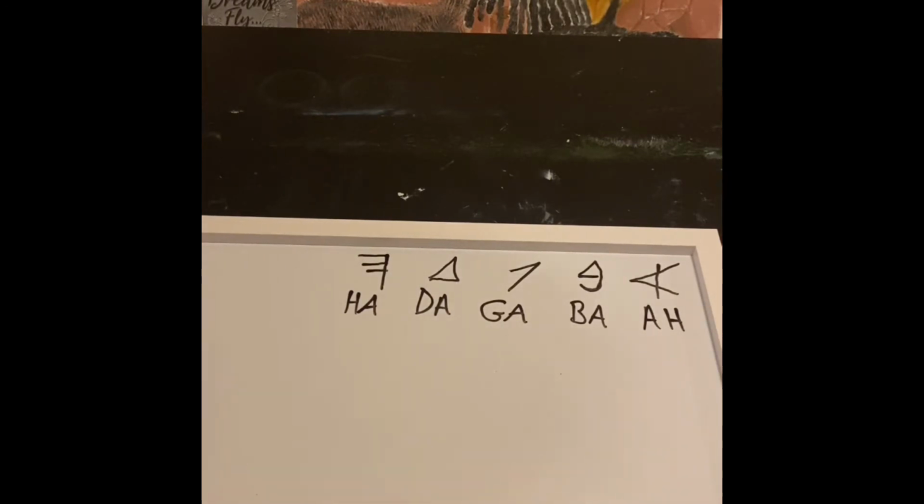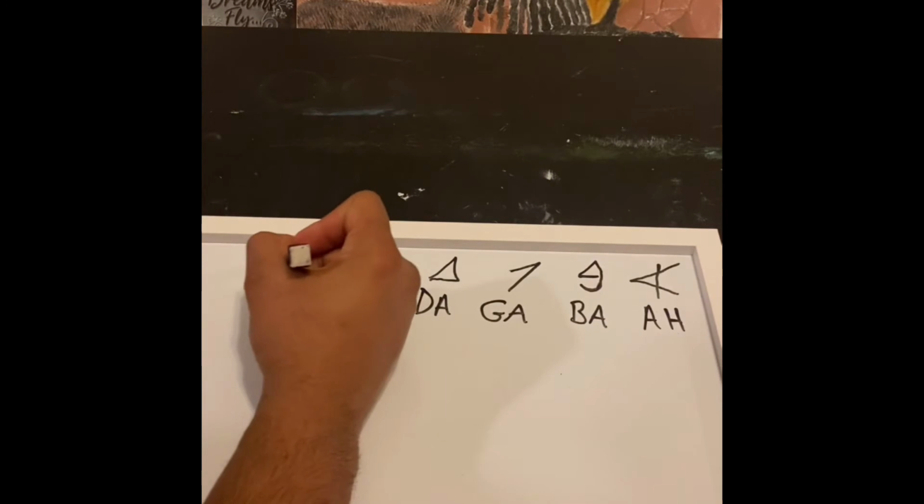Character Ha stands for lo or behold, to behold something, to see something. It also means reveal, because you behold something, something's being revealed to you. And go to the character Wa.